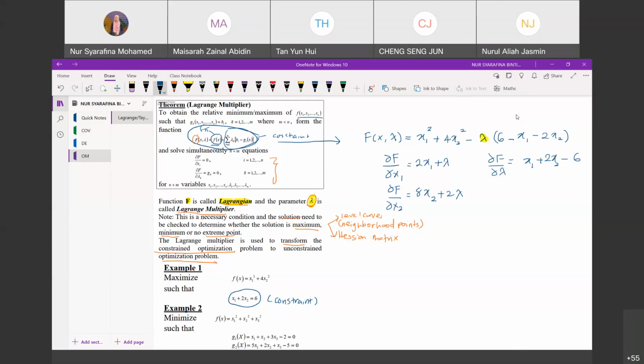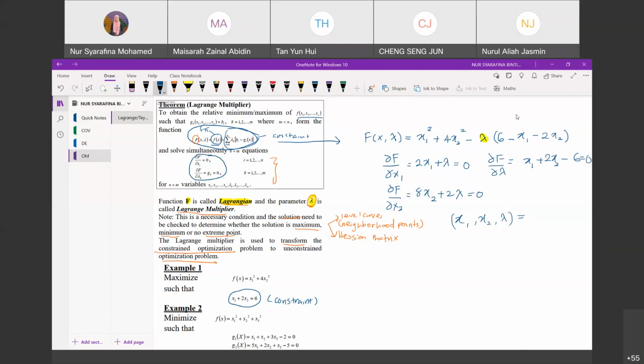So first we identify all the first derivatives of each variable and then equate them to 0. And what we need to do here is to solve the equations simultaneously in order to obtain the values of x1, x2, and lambda. Okay, try to figure out the values.